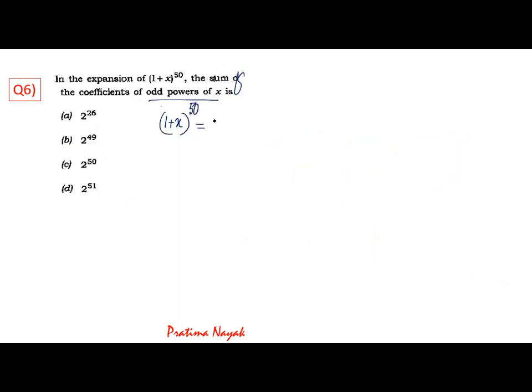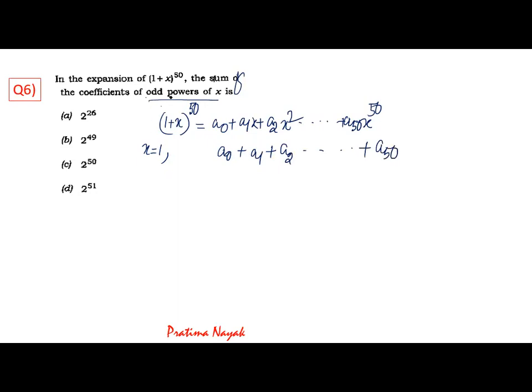If I put x equal to 1, I get a0 + a1 + a2 up to a50.